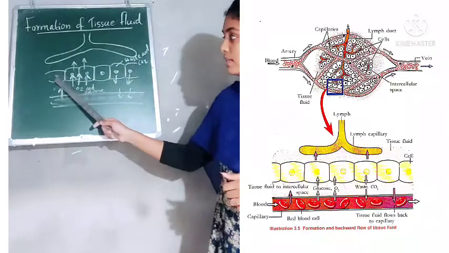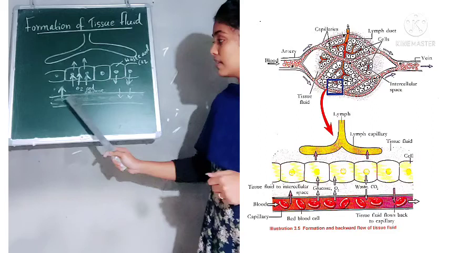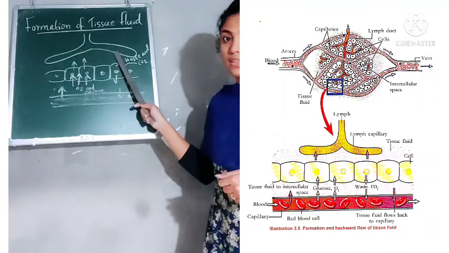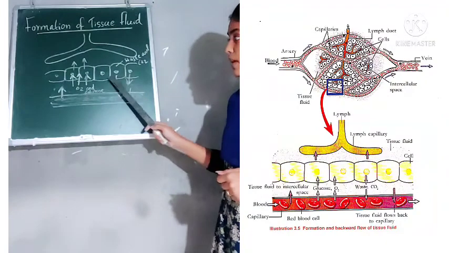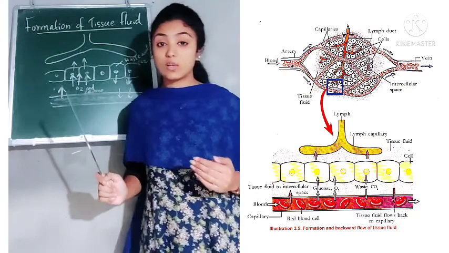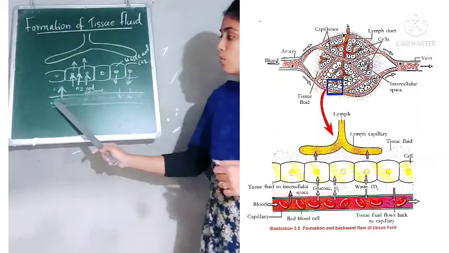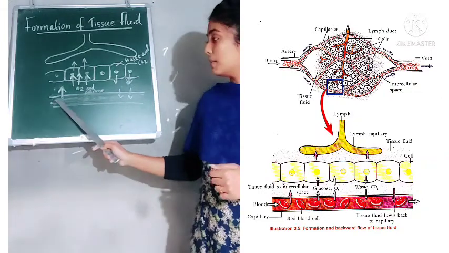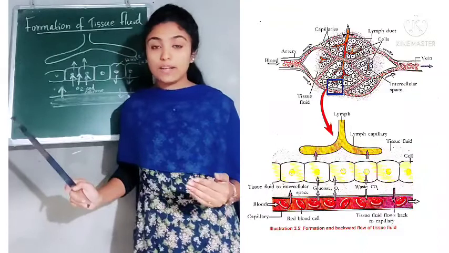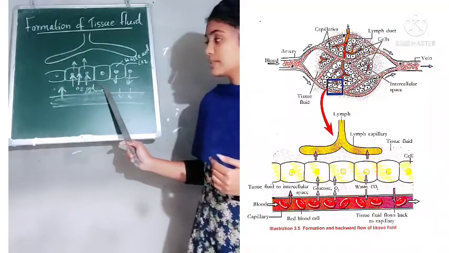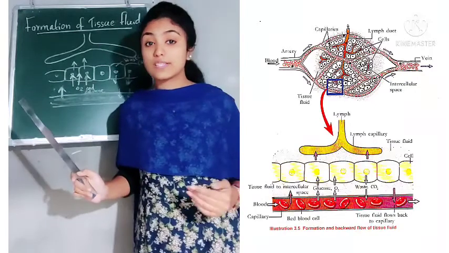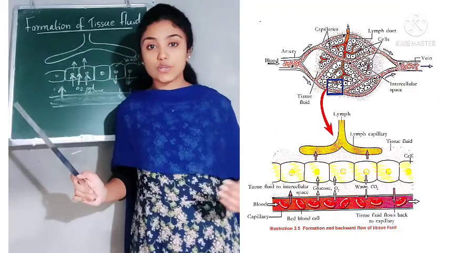So just consider, these are our cells, and this is the blood capillary, and this is the lymph capillary. And the space in between the cell and the blood capillary is known as intercellular space. Now, when the blood flows through the blood capillary, the fluid part of the blood oozes out into the intercellular space. So now the fluid which is present in intercellular space is known as tissue fluid.